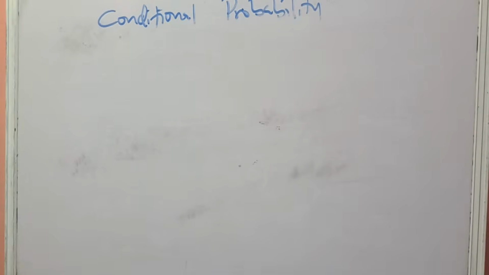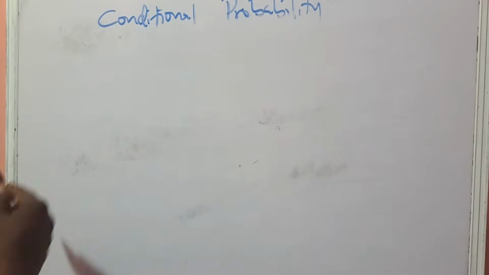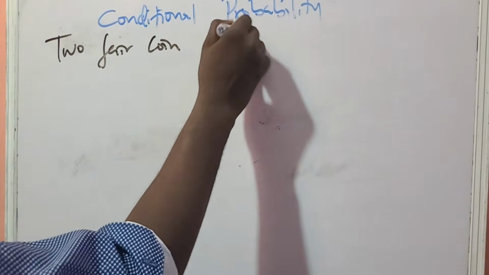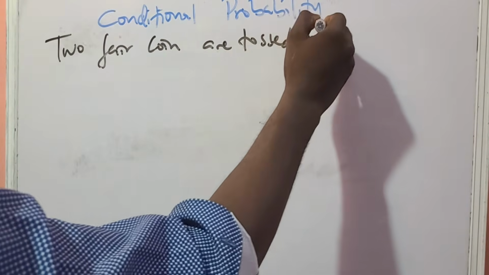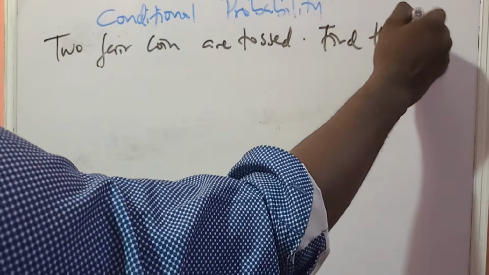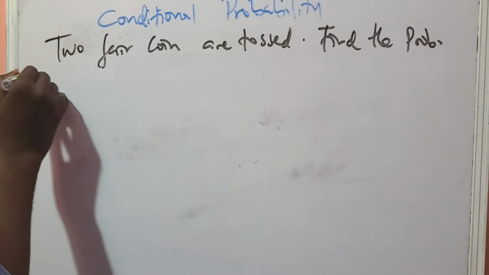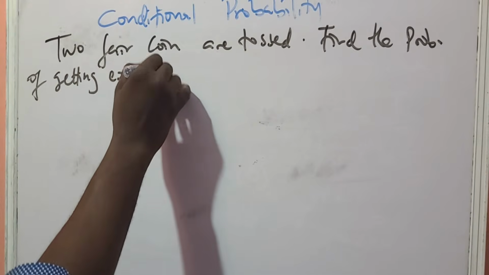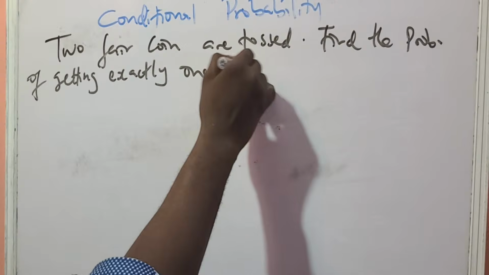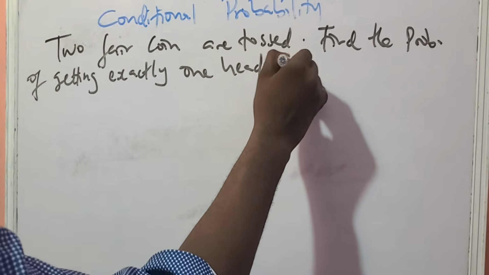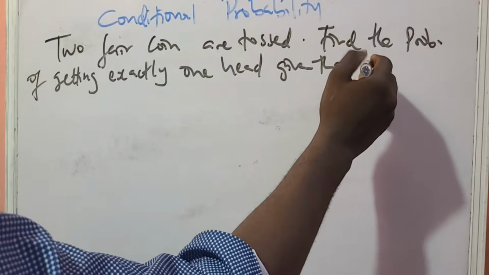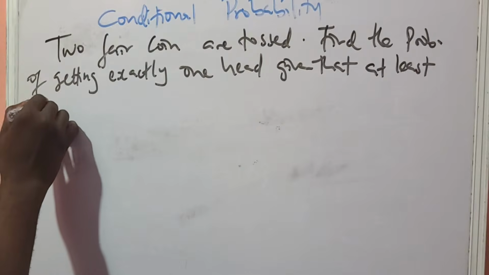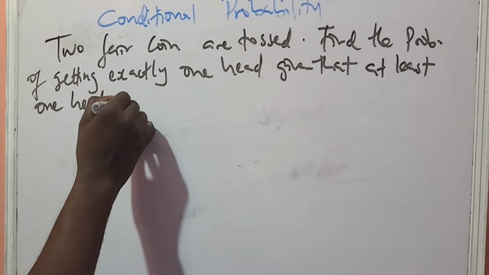Look at this question. 2 fair coins are tossed. So the question is for you to find the probability of getting exactly 1 head, given that at least 1 head occurs.